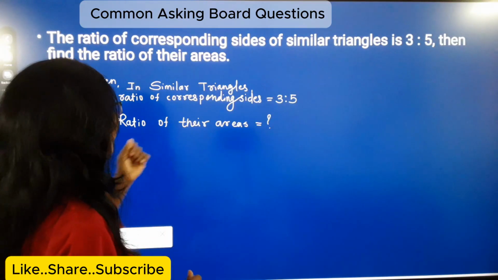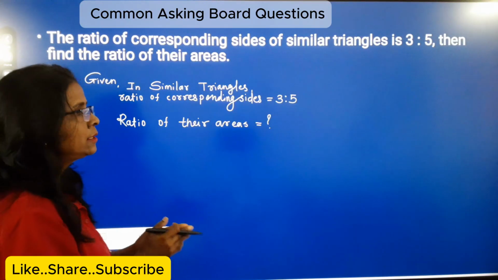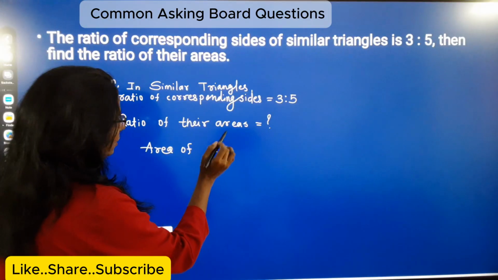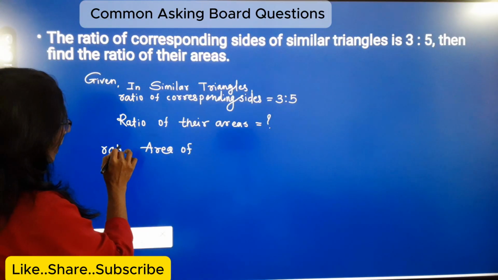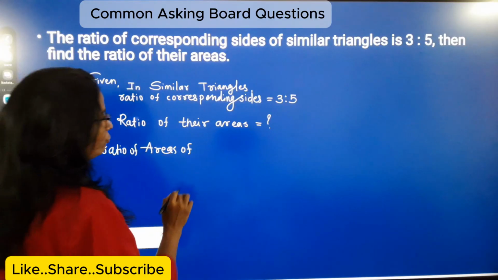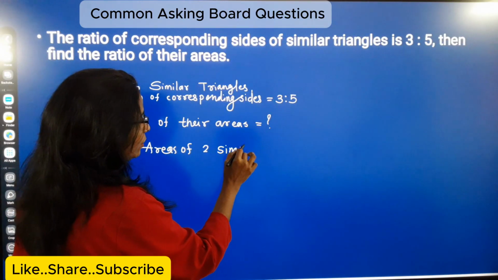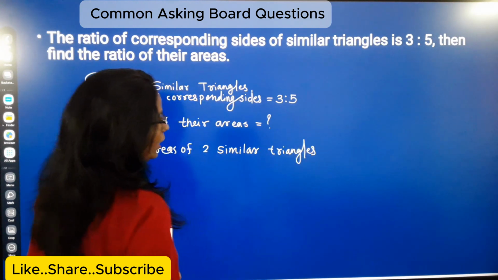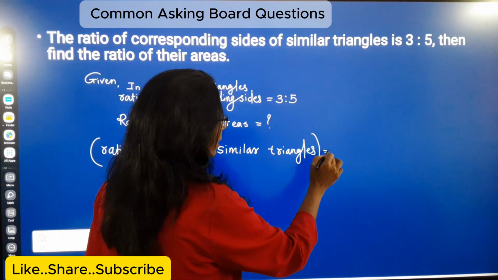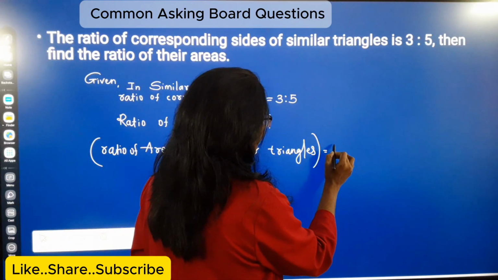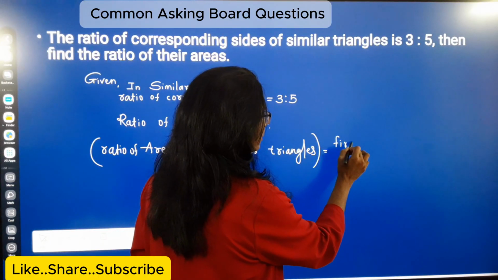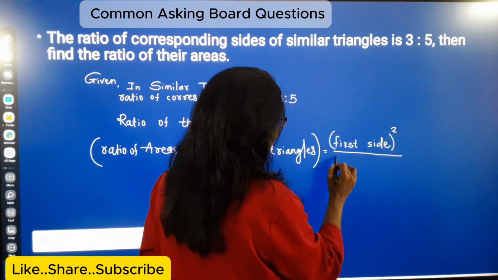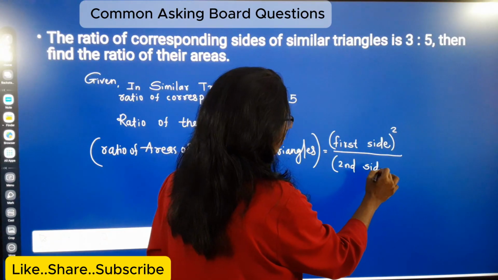So now here, students, it is a very easy question. First we write the ratio of areas of two similar triangles is equal to first side square upon second side square.